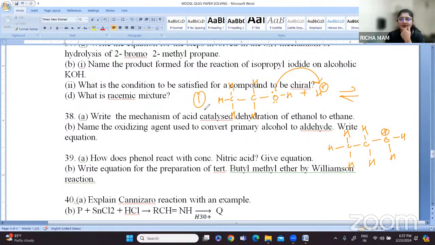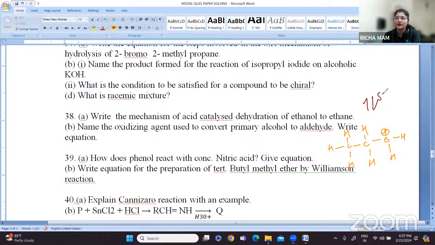This is the first step. Then the second step: the water molecule will be lost. As there is no space, I'll do it here only. This is a slow step.